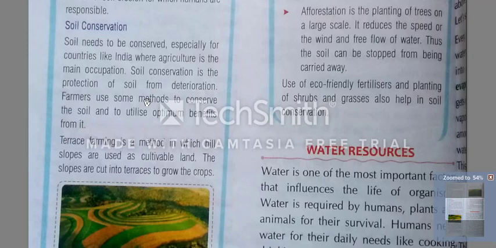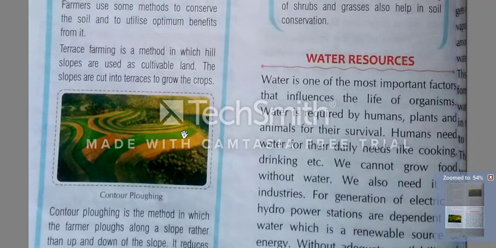Terrace farming, here on the screen you can see this is called terrace farming. Terrace farming is only possible in hilly areas. It is a method in which hill slopes are used as cultivated land. Clear?